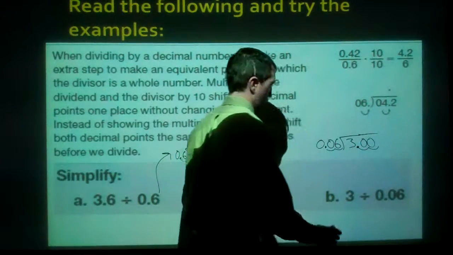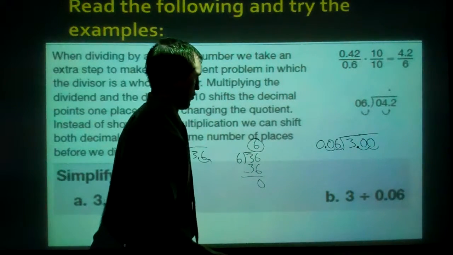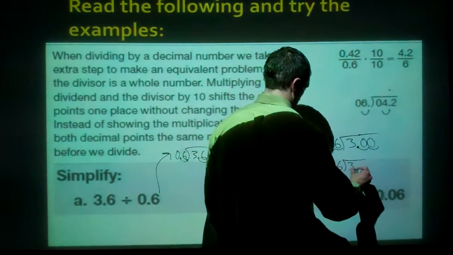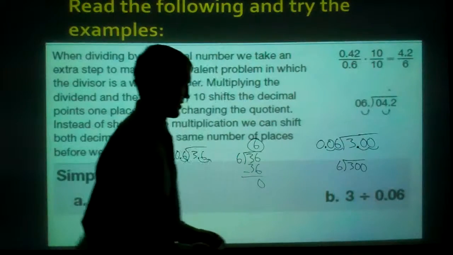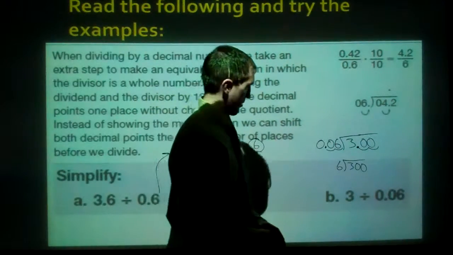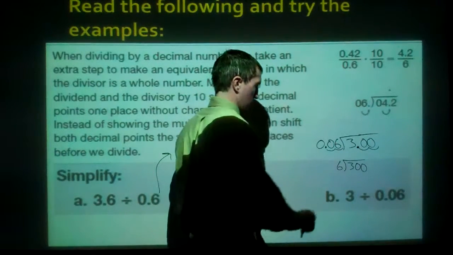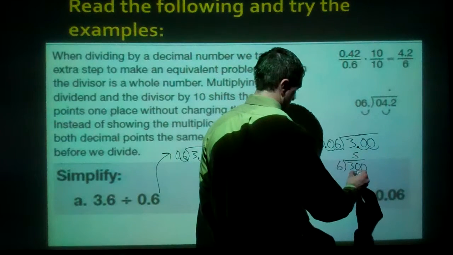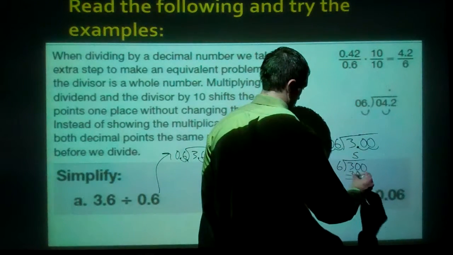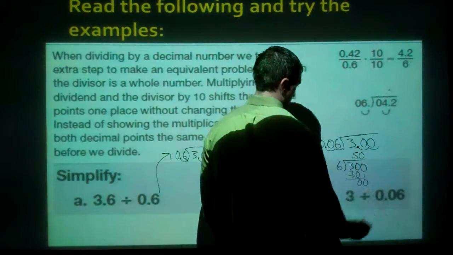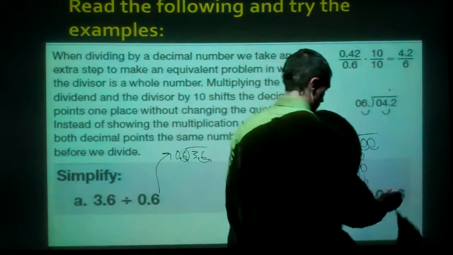So our new equation would be 300 divided by 6. So how many times does 6 go into 300? Well, let's just do it this way. 6 goes into 30 5 times. 5 times 6 is 30. Subtract, bring down our 0. 6 goes into there 0 times. So we should get 50 for this one.